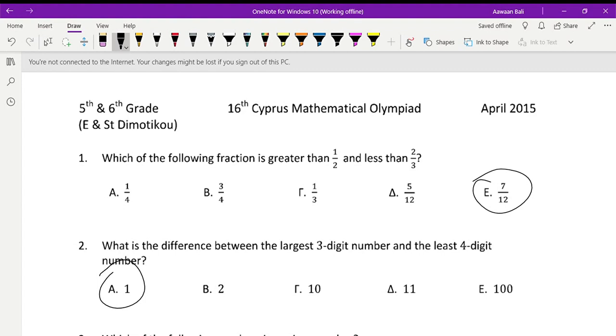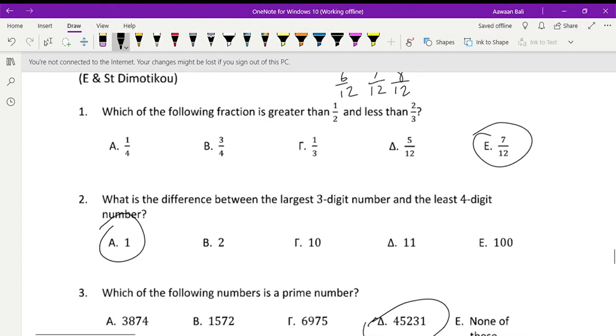So what we can do is find 12 first. We know a half is 6 upon 12, and 2/3 is actually 8 upon 12, which means there will only be one number in between. That would be 7 upon 12. So therefore the answer is eta, 7 upon 12.